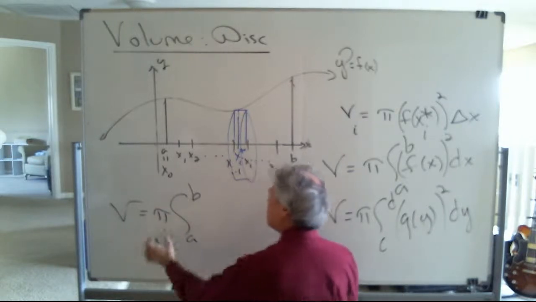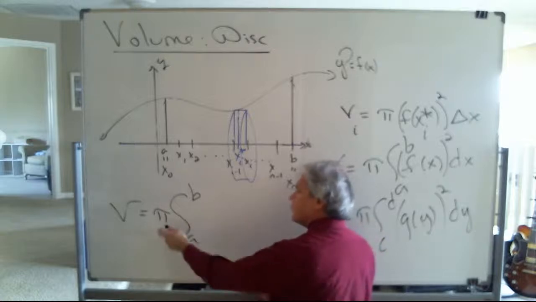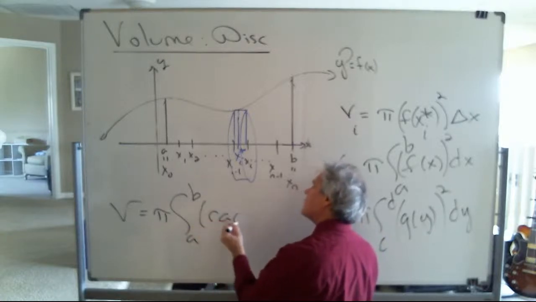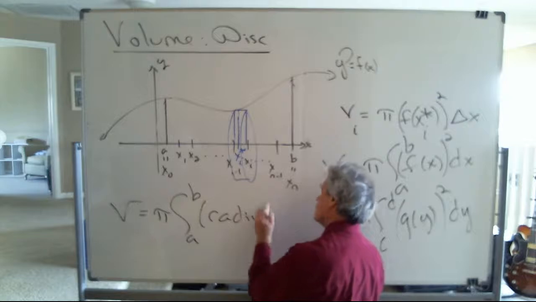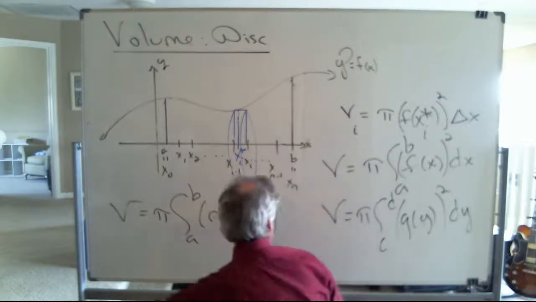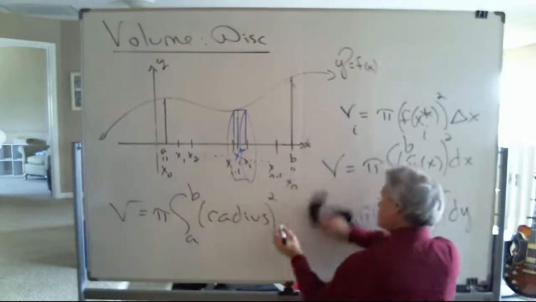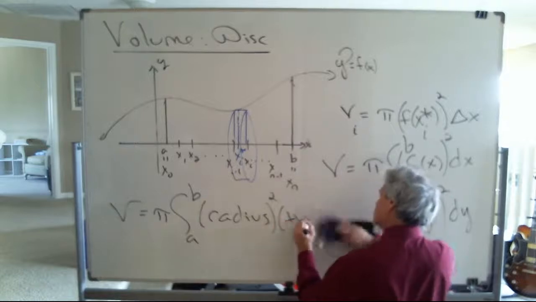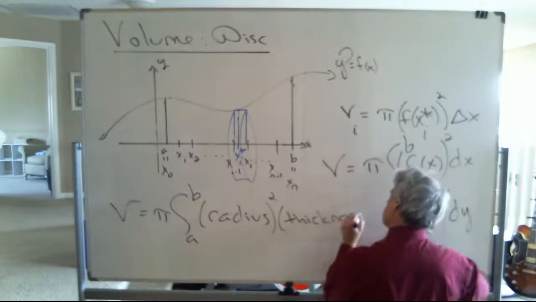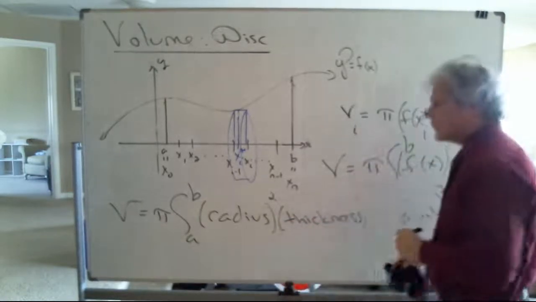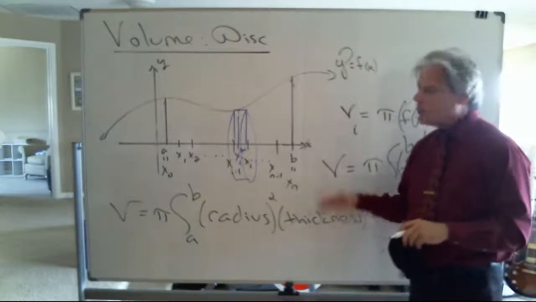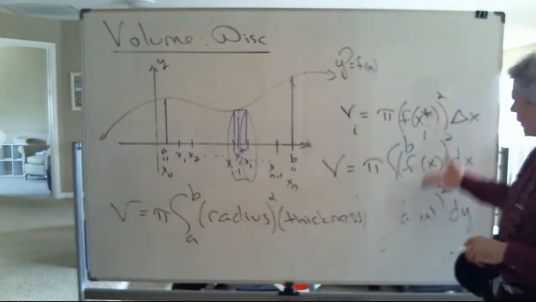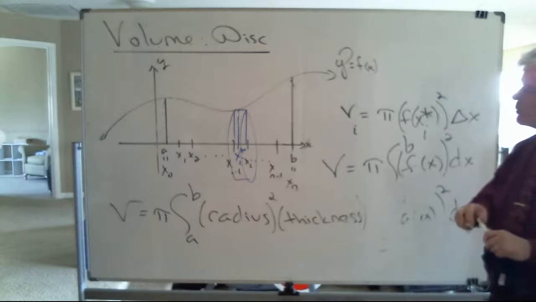And I just remember that I'm dealing with the area of a circle, which is pi times the radius squared, and that I multiply by the thickness. So in practice, if you merely remember this piece of cake, the variables and the quantities and expressions are all going to fall out nicely.